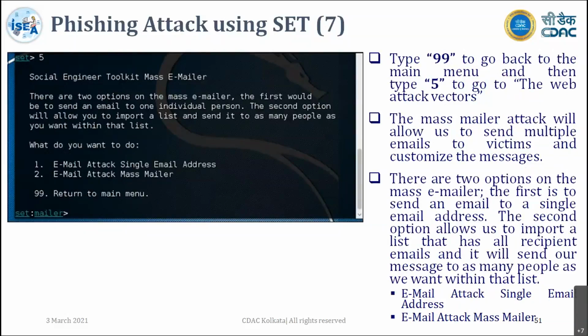Now over here also, we have the option of going for the mass mailer email attack. The mass mailer attack allows us to send multiple emails to victims and customize the message. There are two options on the mass mailer. The first one is to send an email to a single email address. The second option allows us to import a list that has all the recipient emails, and it will send our message to as many as we want within the list.